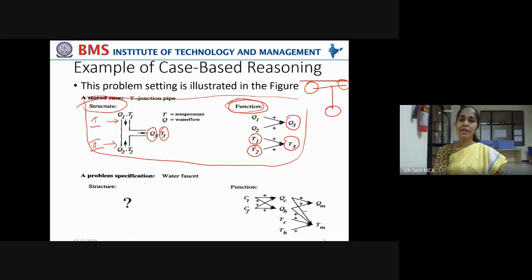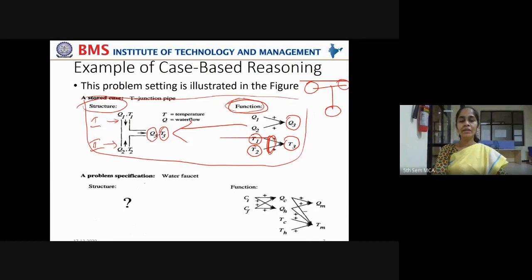In the same way, say T1 is 50 degrees and T2 is 50 degrees, both should not result in 100 degrees temperature, right? That is too hot to use. In that case, some regularization mechanism can be applied, and it can be regularized to get the water at 75 degrees temperature, right? This is how the functionality is represented, which is associated with this structure.